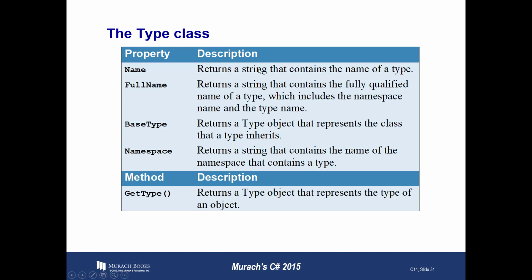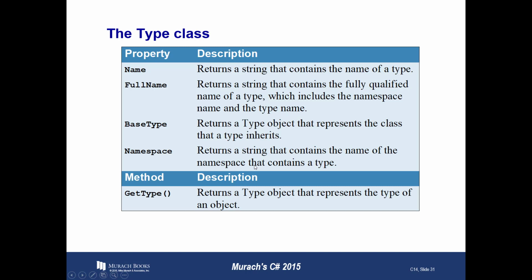So the name returns a string that contains the name of a type. Full name has the fully qualified name, so anything before it. Base type, as it says, returns a type object that represents the class that a type inherits. So basically, it's kind of the parent.